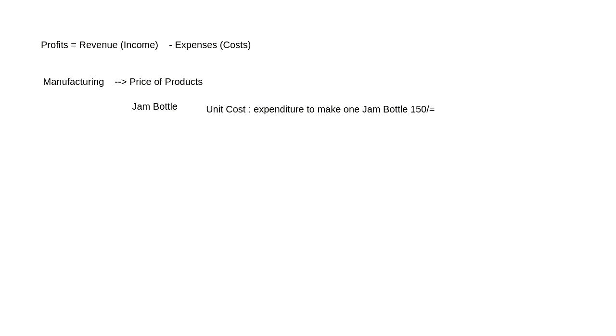Then if you run a business, you need to decide what profit you expect from a unit. Let's say you expect a 50 rupees profit. So what is the unit price set for the jam bottle? Yes, that is the unit cost plus the expected profit margin, which is 200 rupees.